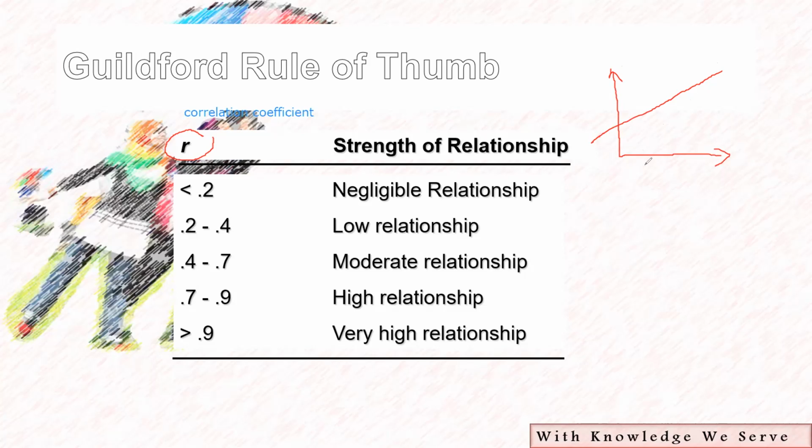X increase, Y increase. What type of relationship? Direct relationship. Direct and positive. Positive relationship. Positive relationship ni means that one unit increase in X, Y also will increase by certain unit. So this is a positive relationship. What about this one?